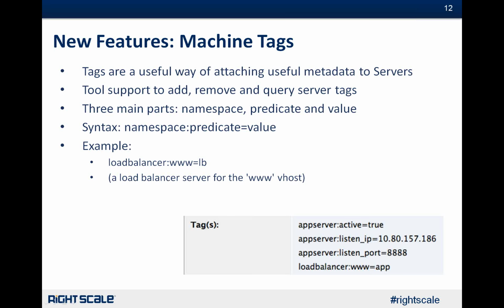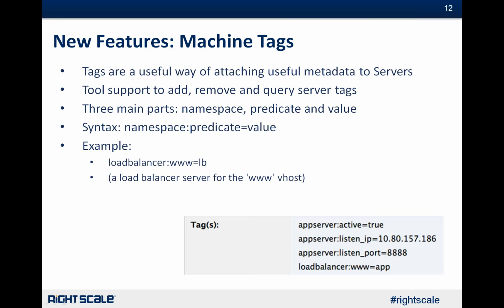At the lower right-hand corner screenshot, this is taken from our app server, which has the converse tag at the bottom there, saying this is an app server for the www vhost. So load balancer www equals app means it's an app server. Load balancer www equals lb means it's a load balancer.